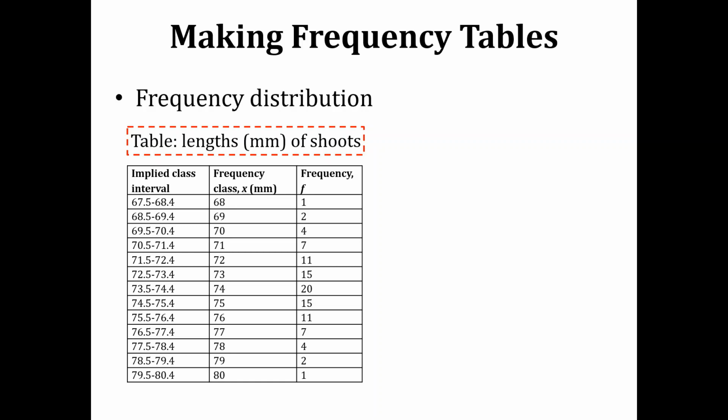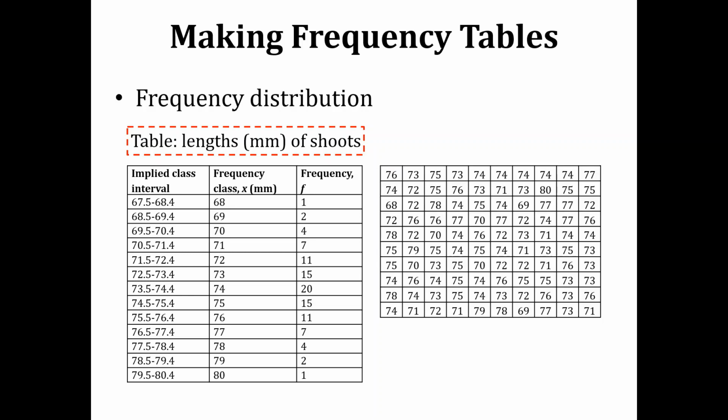And the same goes in your assignments and exams, that if you attempt your assignments, quizzes or exams without giving a proper description of the table or proper description of the figure, you're not going to get the full credit. Why? Because this is very important. So whenever you give your table, you have to describe what this table is about. Otherwise, it makes no sense to make the frequency table. So you have to remember this, and this is very important.